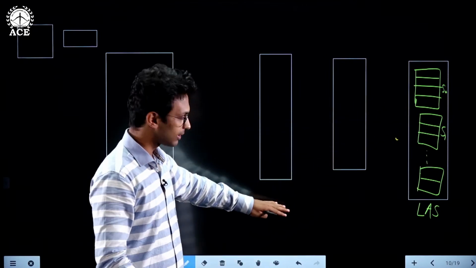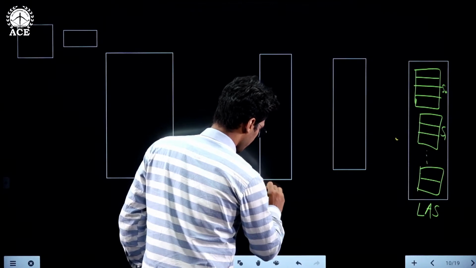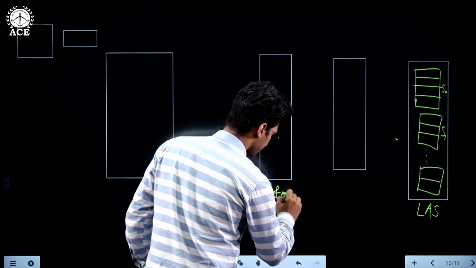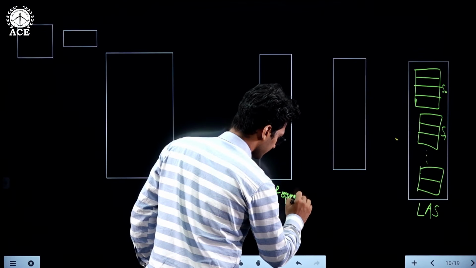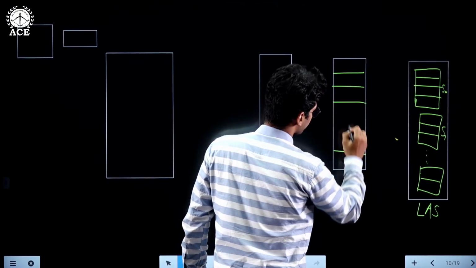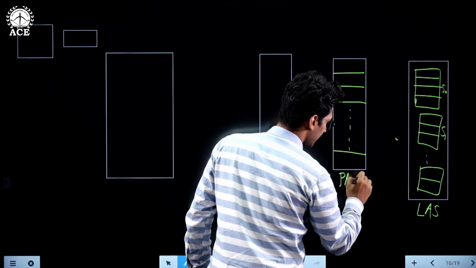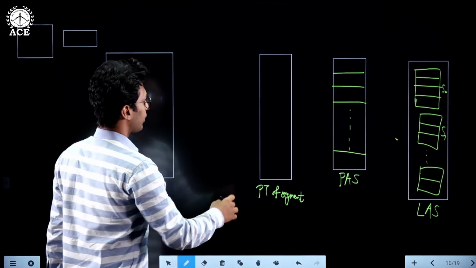That is why we need to maintain a separate page table of segment. So this is the page table of segment. These are pages. This is the physical address space. See, it is very logical.